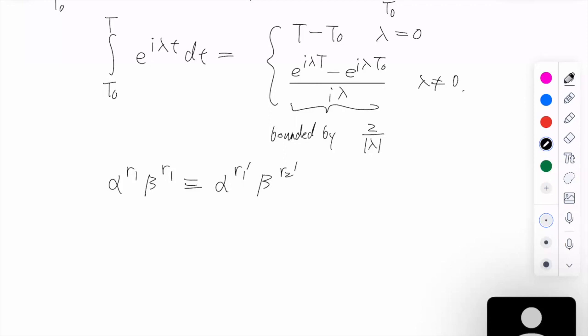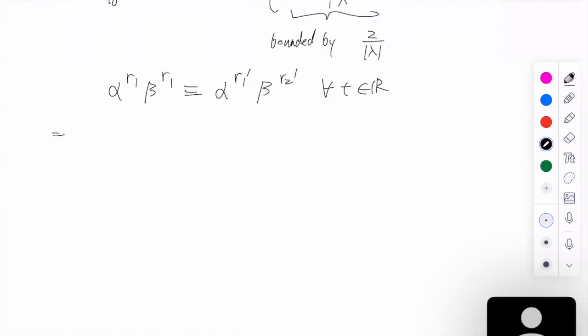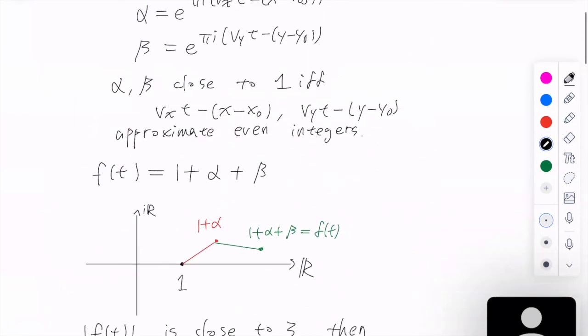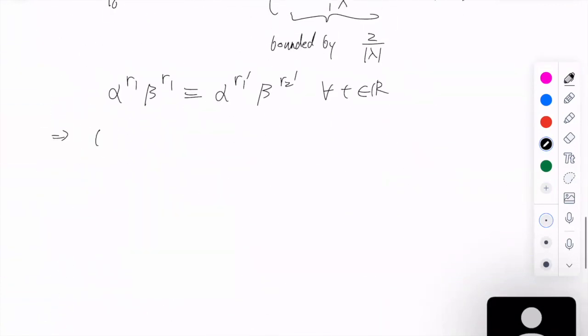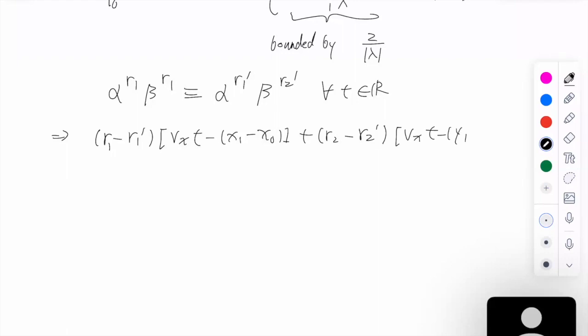So if we have this identity for any t, it effectively means that, after some transformation with the definition of alpha and beta that we can see here, this is equivalent to saying that R1 minus R1 prime times Vx t minus x1 minus x0, plus R2 minus R2 prime times Vy t minus y1 minus y0, the whole thing belongs to the set of even integers.